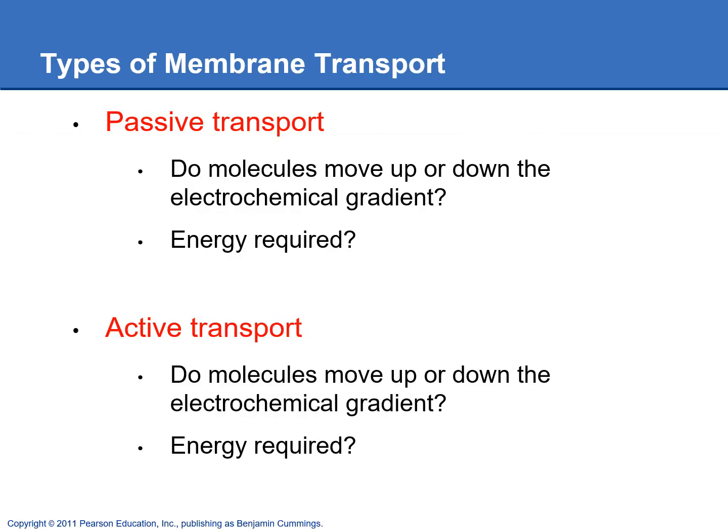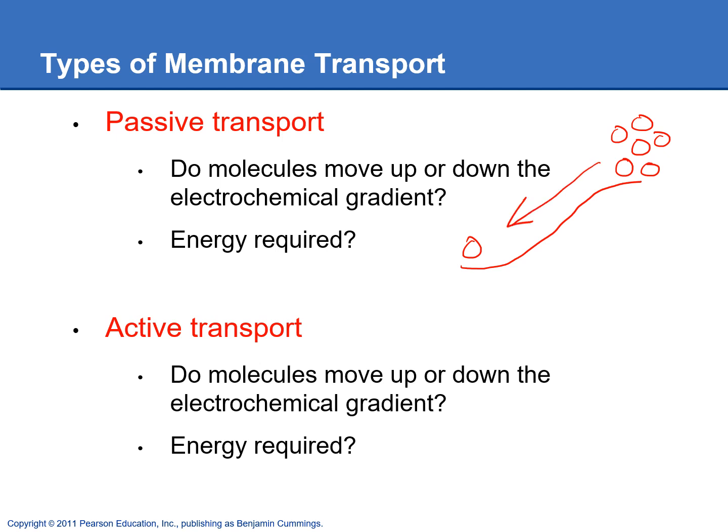All right, so we have two basic types of cell membrane transport. We've got passive and active transport. So with passive transport, we're going to be moving molecules from an area of high concentration to an area of low concentration.